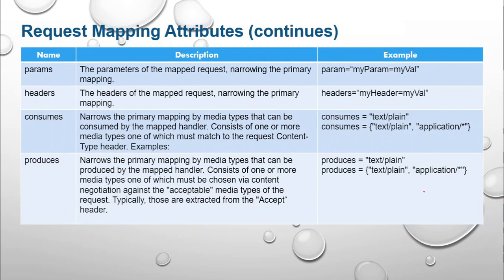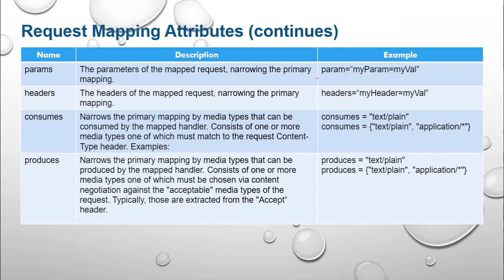Now we have the param attribute. This narrows the primary mapping by the parameters of the mapped request. We can provide a particular request parameter to be mapped to a handler method.